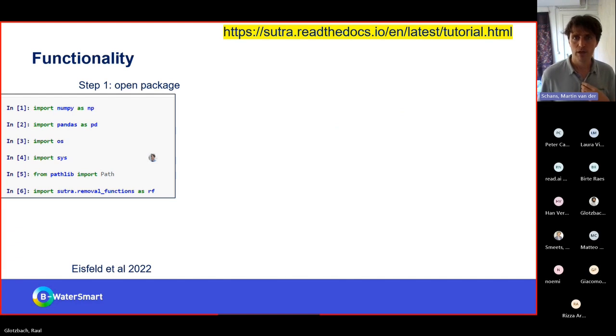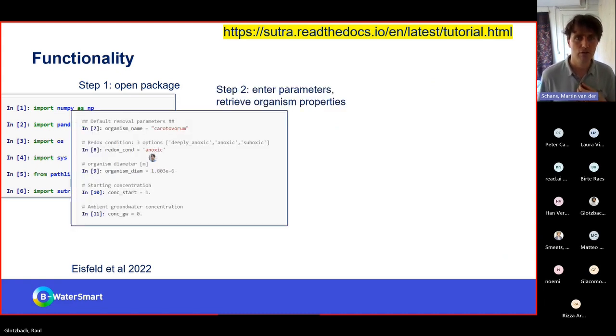And so let's look now at, so there is a website, Read the Docs, where it's explained how you can install the tool and also how to do a calculation. So I'm just going to show you one example, which is also on this website. And so basically the first step is that you need to open the package. And for people who are familiar with working with Python, this is quite standard code, I would say.